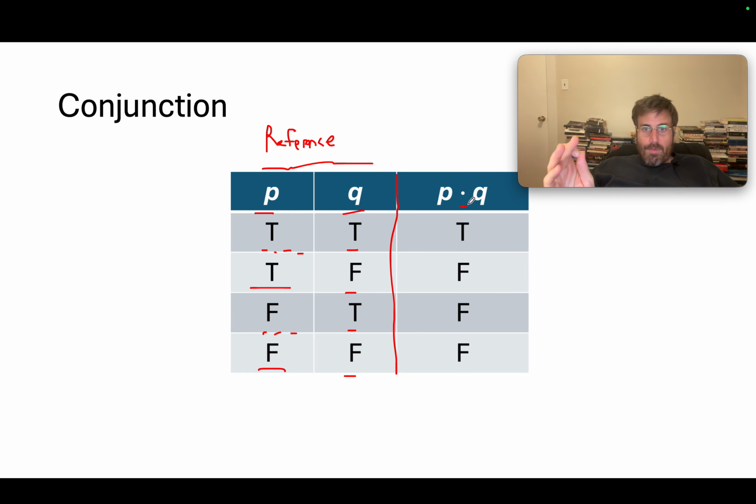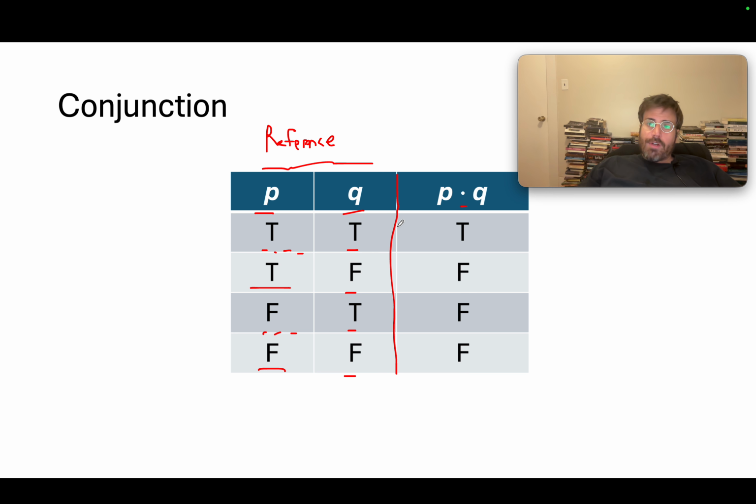We came to an understanding of the truth functionality of dot, of conjunction, last time, when it was discovered that dot is only true when both of the conjuncts themselves are true. When both of the things being connected have true values, dot is true. So in order to flesh out the values for dot, we have to compare the values of P and Q for each row.